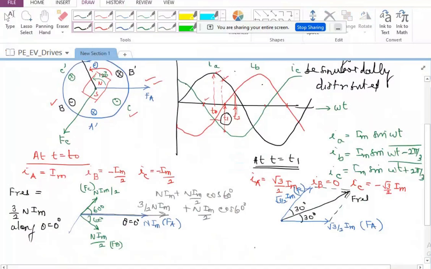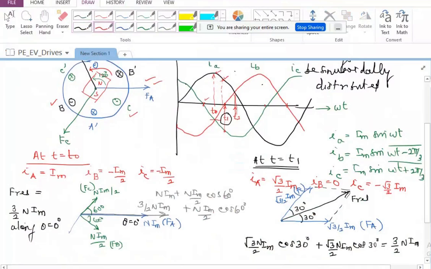So I will have root 3 divided by 2 Im cos 30 plus root 3 divided by 2 Im cos 30. And cos 30 is root 3 by 2. So I'm going to have 3 divided by 2 times Im. If I take the number of turns also into account, I should write n everywhere. So this is going to be 3 by 2 n Im.